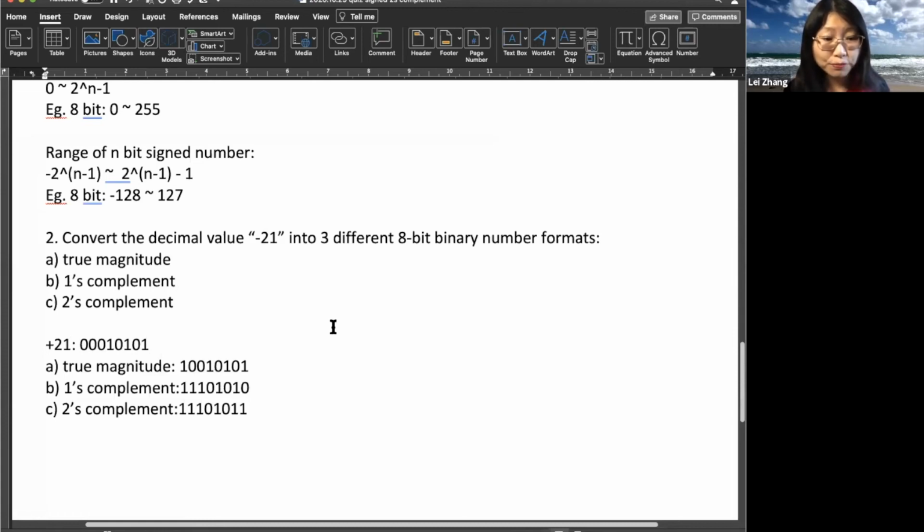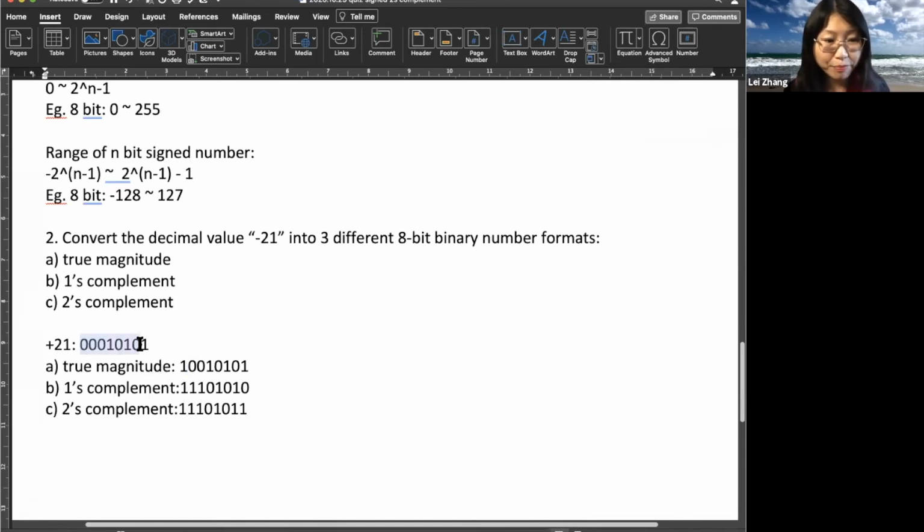For true magnitude, to convert the positive value to negative value, we only need to convert one bit, that is the sign bit. The sign bit previously is 0, now you get 1. All the other magnitude bits remain the same. For 1's complement, we need to flip the whole value.